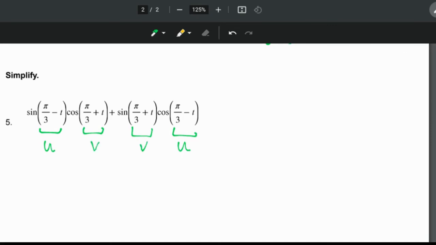So if you think of it that way, this is really just sine of u times cosine of v plus sine of v times cosine of u. And then we just need to look at our formula sheet and see how we can condense that. So let's go back to the formula sheet.